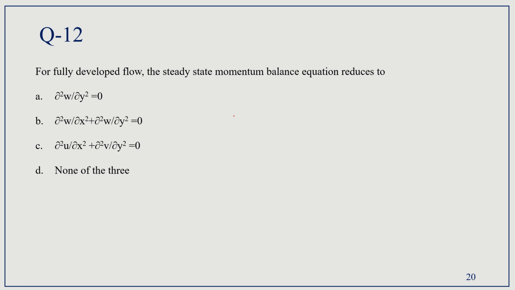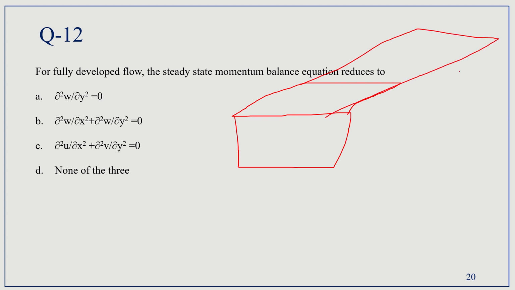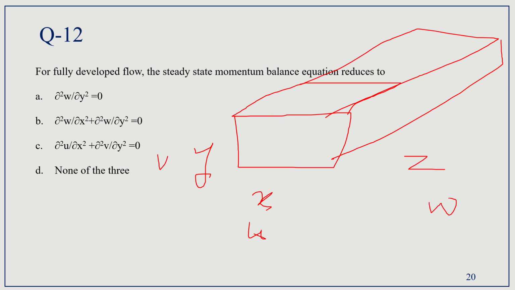So first we need to see this particular domain, which I have written very small. This is Z direction, this is Y direction, this is V, this is W. So the flow is happening in the Z direction. So the velocity would be W component velocity.